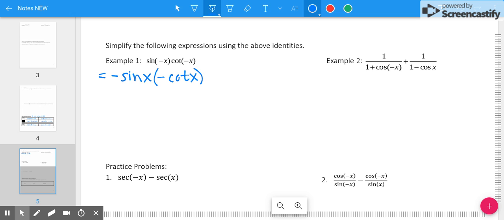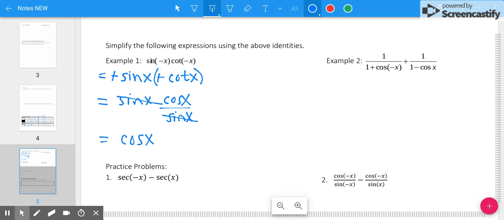Now that means that in this case, a negative times a negative is a positive, so I don't need those negatives anymore. They cancel each other, and now I just simplify the normal way. So sine x times, I'll change cotangent to cosine x over sine x because the sine x's will cancel, and in this case, I'm left with cosine x.